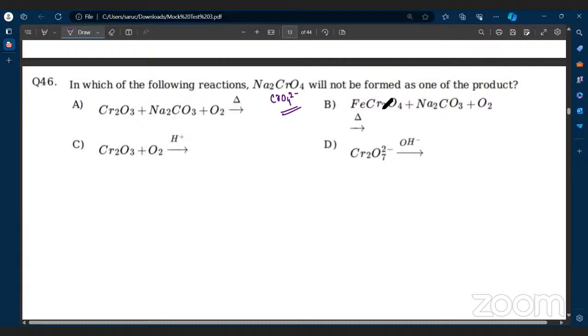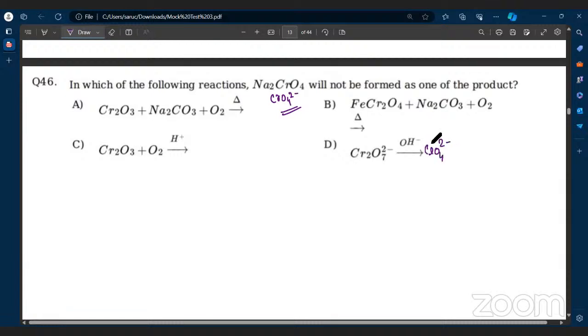See here, you have Cr2O3 plus Na2CO3 in presence of oxygen. And here you have FeCr2O4 plus Na2CO3 plus oxygen. And here you have Cr2O7 2 minus in alkaline medium, which will give you CrO4 2 minus.